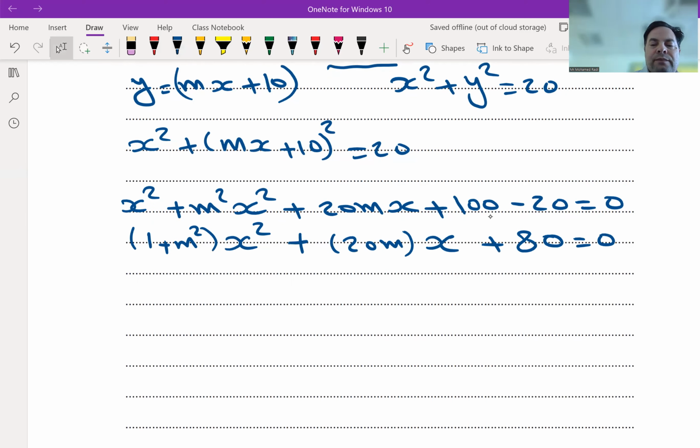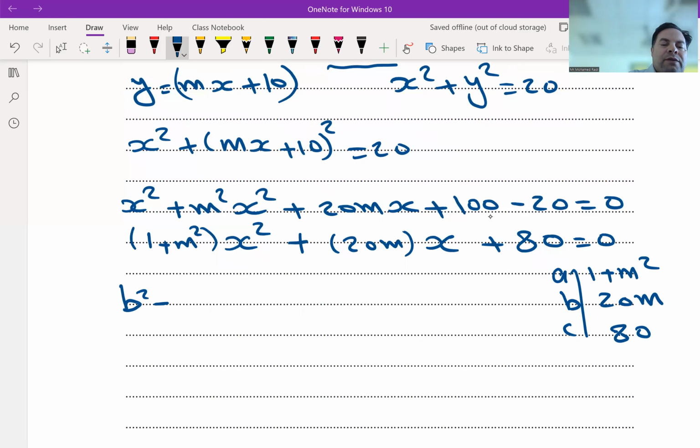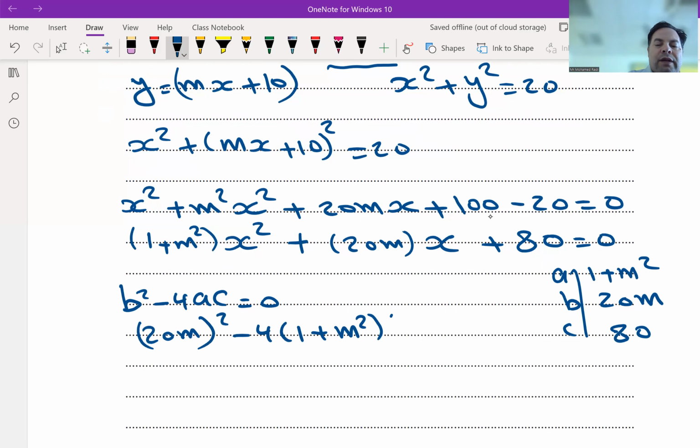So a, b, and c: a is 1 plus m squared, b is 20m, c is 80. The discriminant b squared minus 4ac is equal to 0. So (20m) whole squared minus 4 times (1 plus m squared) times 80 is equal to 0.